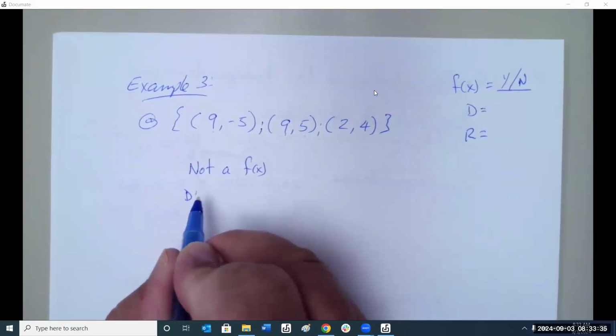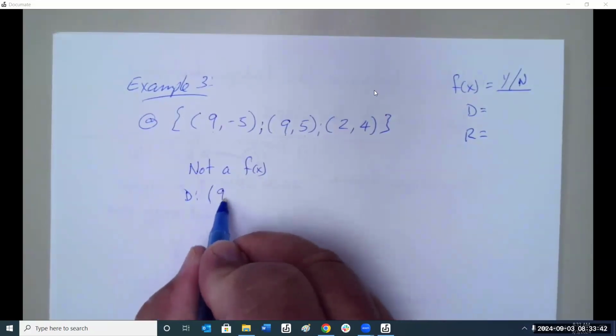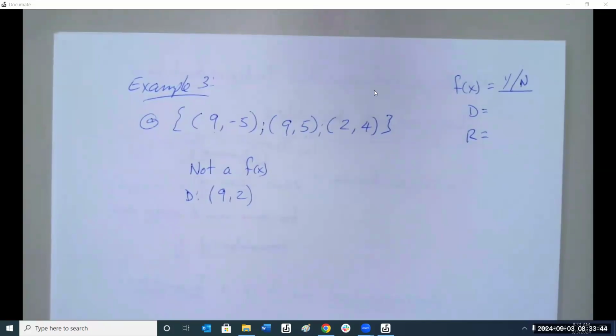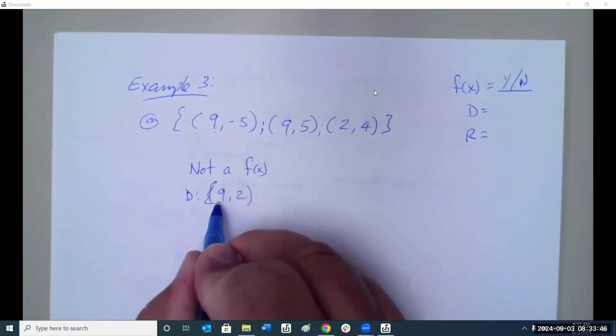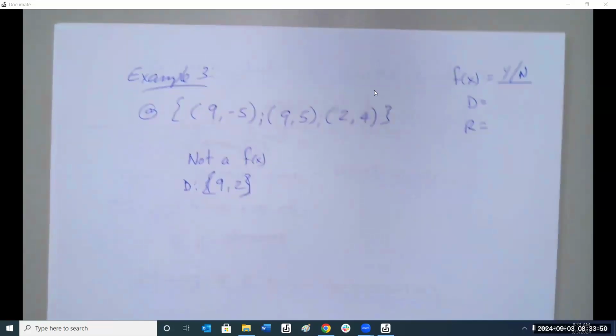So what's the domain? 9 and 2, or 2 and 9. It's actually supposed to be a list of numbers, but I have a hard time writing those little squiggly brackets.